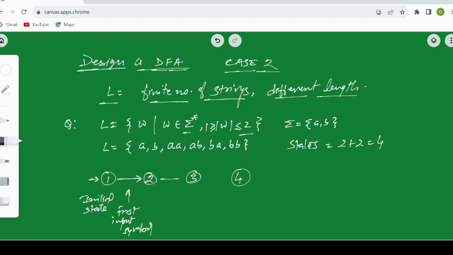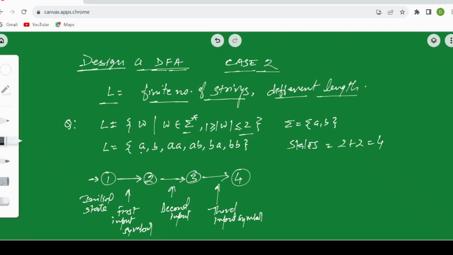Similarly, this arrow connecting state number 2 to state number 3 is representing the second input symbol, and this is representing the third input symbol. Every arrow is representing one input symbol.